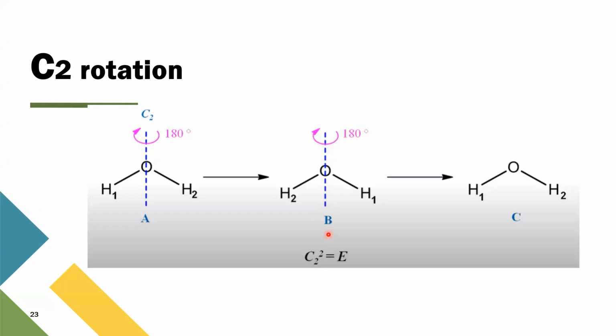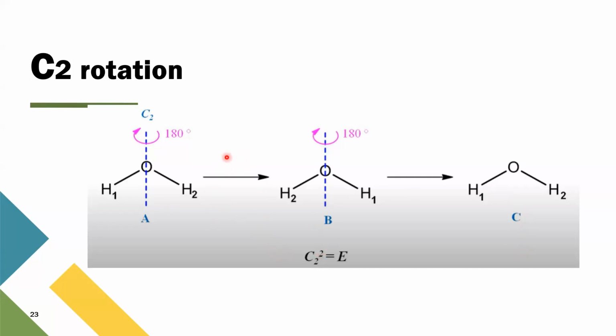Right. So here we rotate it by 180 along this axis. And then you get molecule B. You rotate again by 180. You get the molecule C. So A and B are equivalent configurations. A and C are identical configurations. Right? So here we have done the C2 operation how many times? Twice.